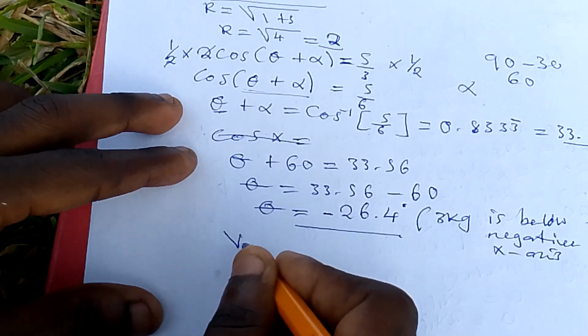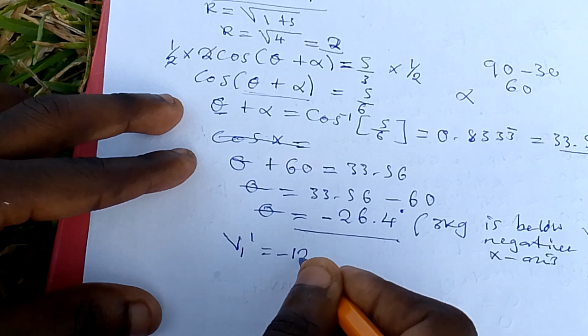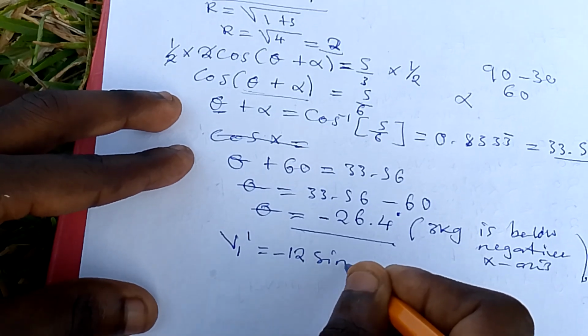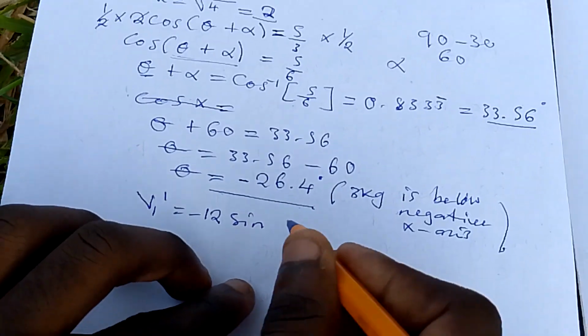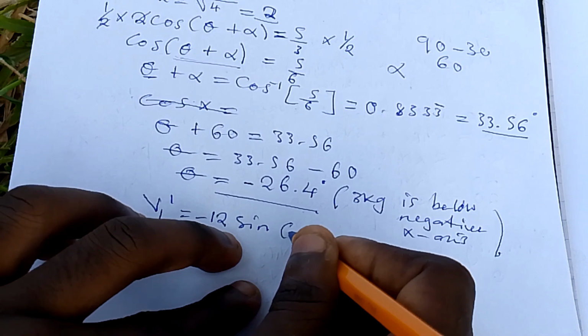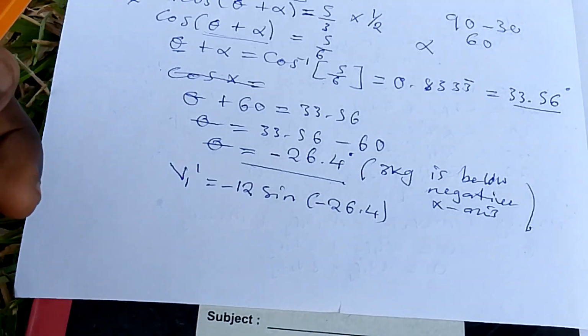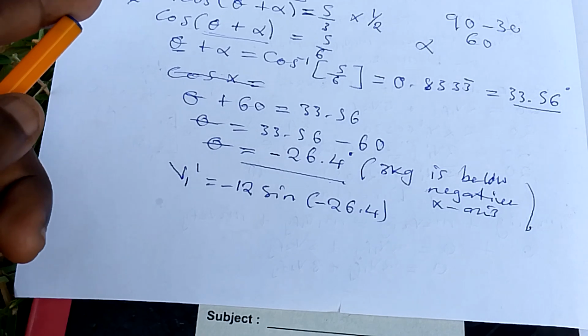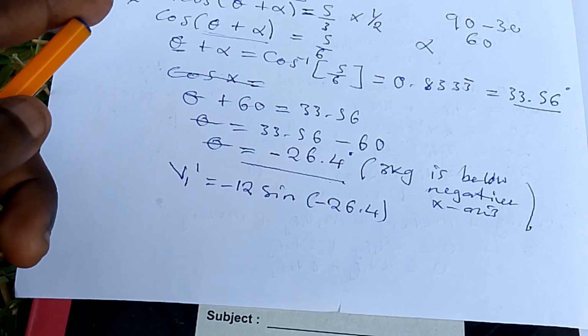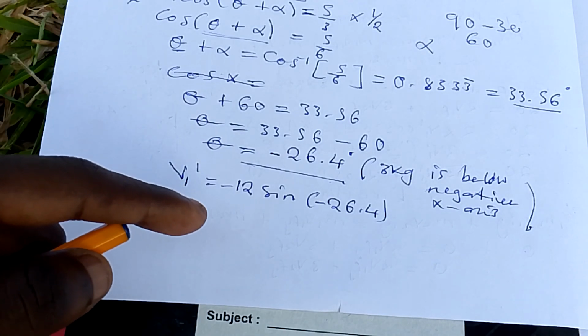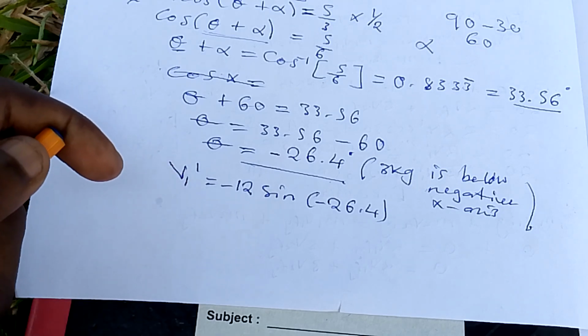So we know that v1 prime equals negative 12 sine theta. Now theta in this case is negative 26.4. So on the calculator, let's do the sine of that number.